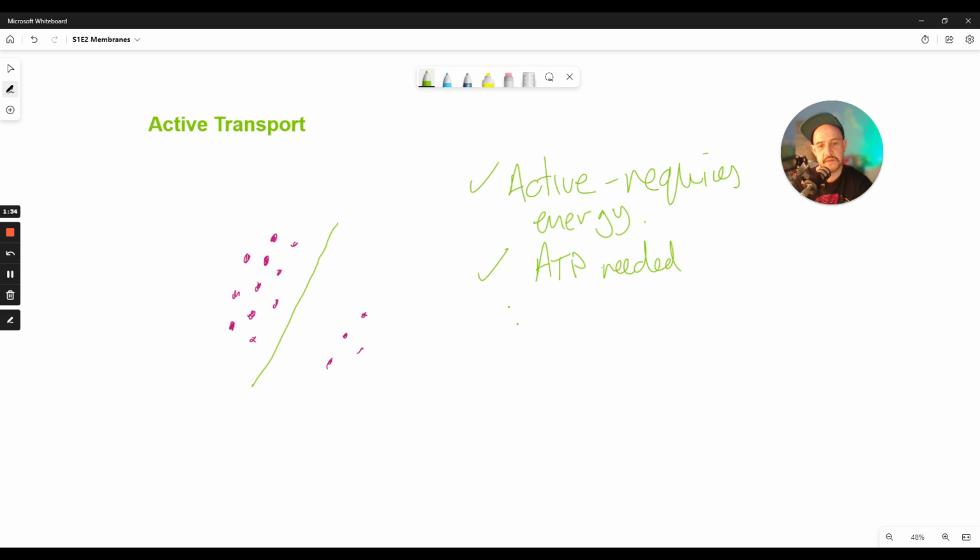Now, if we're to describe the process, we'll say it is the movement of molecules from a low concentration to a high concentration against a concentration gradient. So let's write this down. So it's the movement of molecules from low to high concentration. I'm just going to write shorthand here, okay? And it's against a concentration gradient.